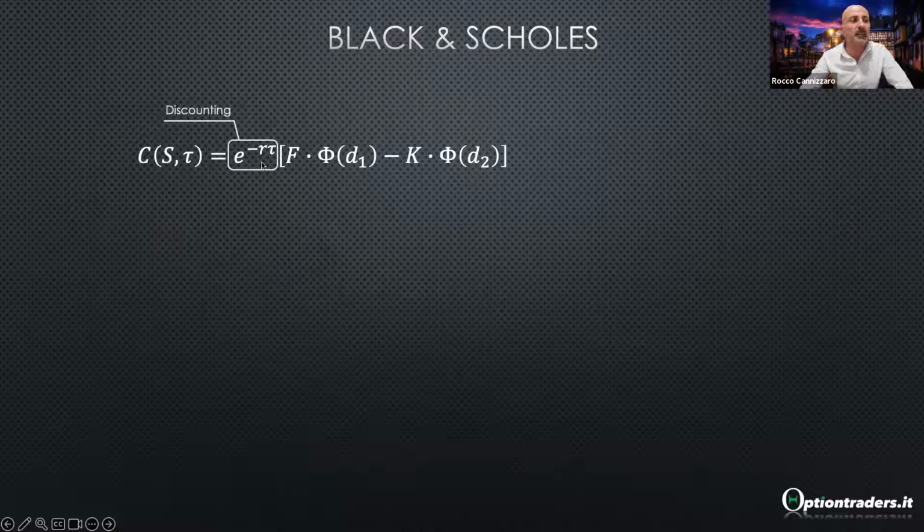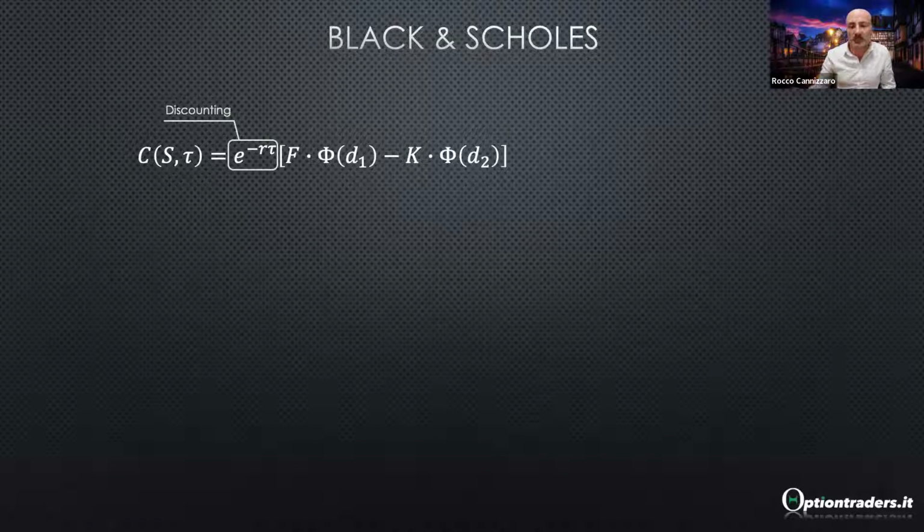So the first piece is basically a discounting factor. It's the concept of time value of money: if I have $100 today and the interest rate is 5% per year, it means that this $100 today will be worth $105 a year from now.